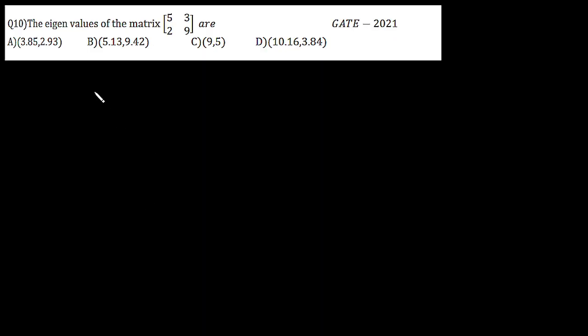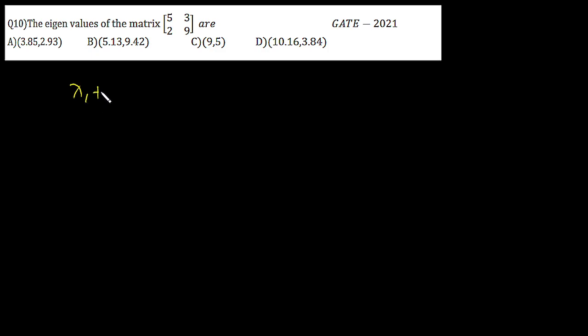Okay, now let's solve the last question for this video. Question 10 asks about the eigenvalues of this matrix. Here it is again a 2 cross 2 matrix. We can find them by finding the characteristic equation, but here it is easier to use the properties.